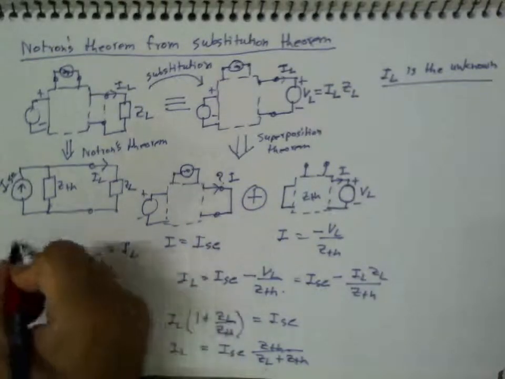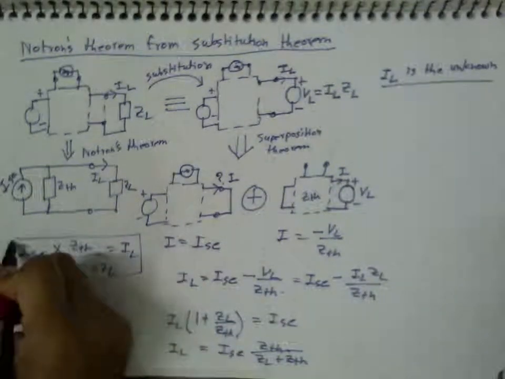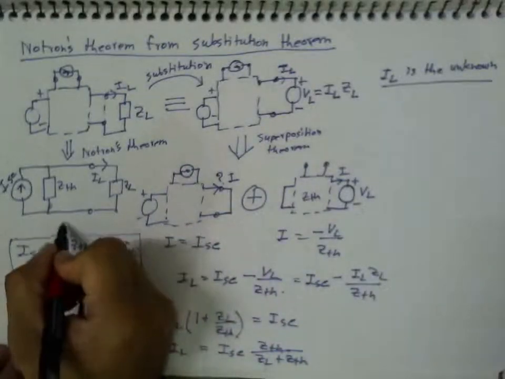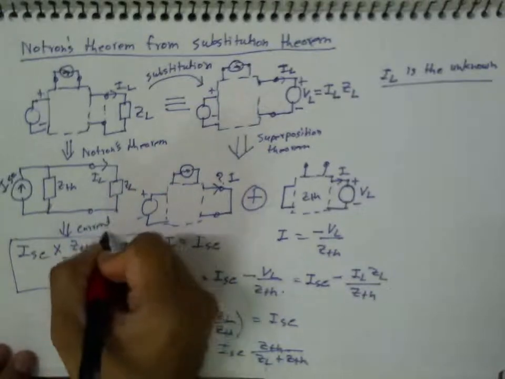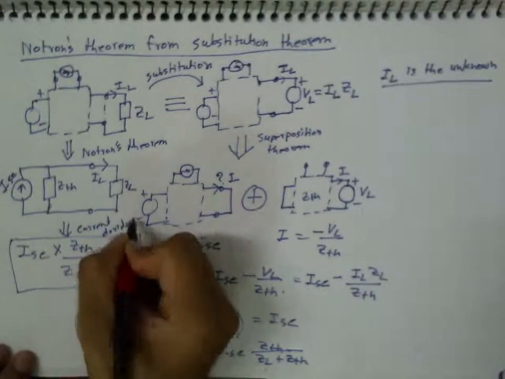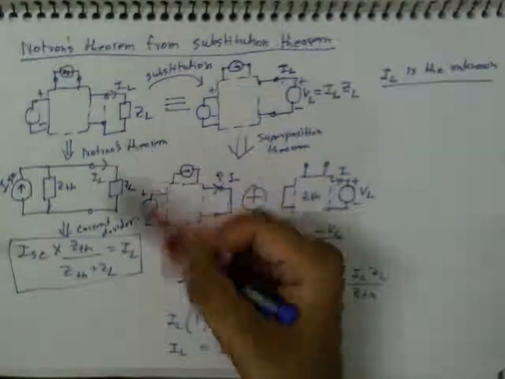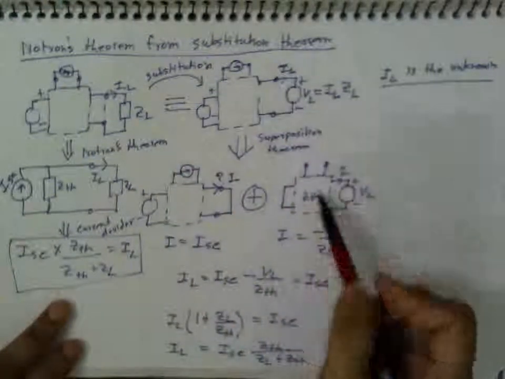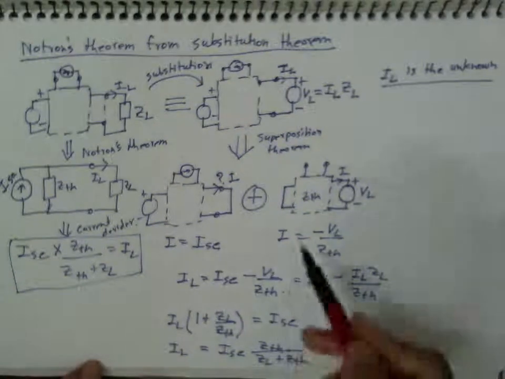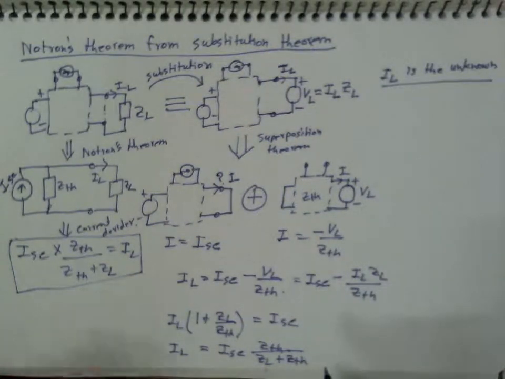That's nothing but current divider. So if we apply Norton's theorem and current divider, this is what we get. And if we apply substitution theorem, this is the same thing we get. So Norton's theorem is true.